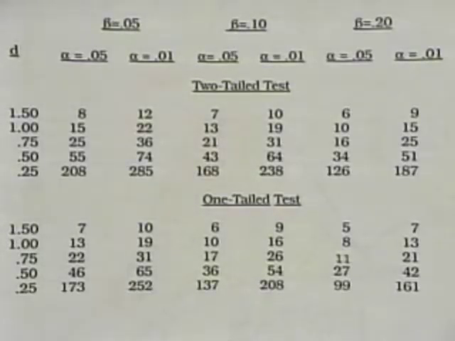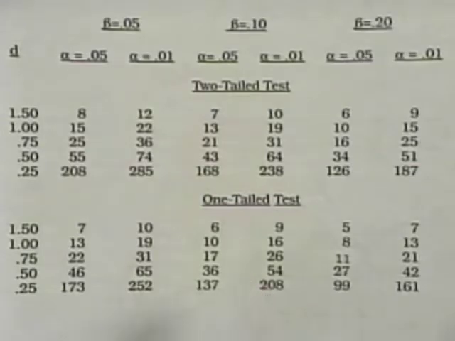Remember I said something about the fact that if we're looking for something bigger, it probably does not require as many subjects, right? So let's look at the same problem. Instead of having a d-value of 0.5, we have a d-value of 1. Let's see how dramatically that reduces the sample size. Everything else is the same with the exception of the d-value.